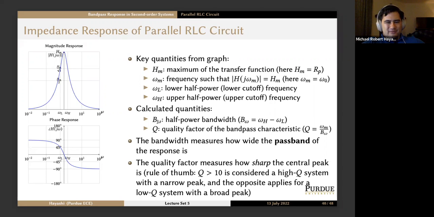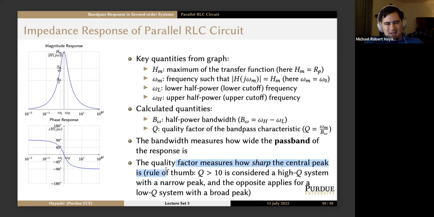What's the interpretation of bandwidth and quality factor? The bandwidth measures how wide the pass band of the response is, so how wide this peak is, how broad it is. And then quality factor measures how sharp it is, how sharp it actually appears on a graph, because since we plot on a log scale, it may not always look very sharp.